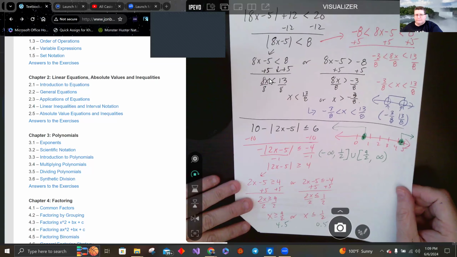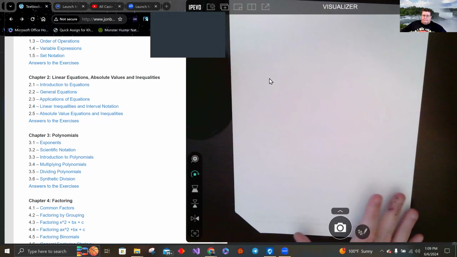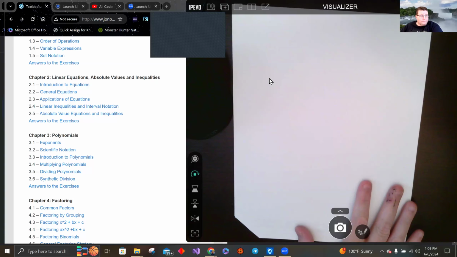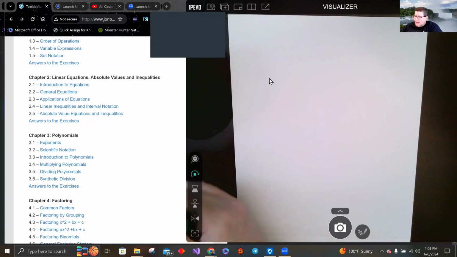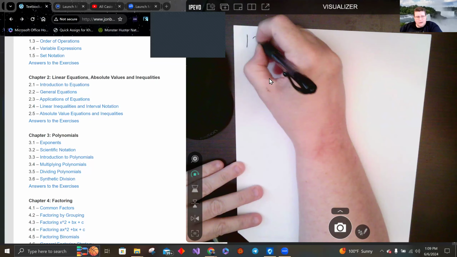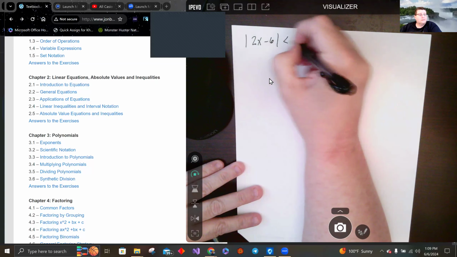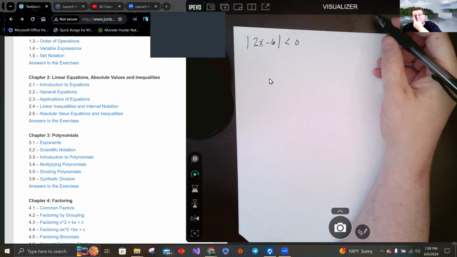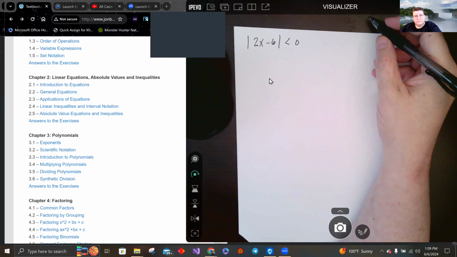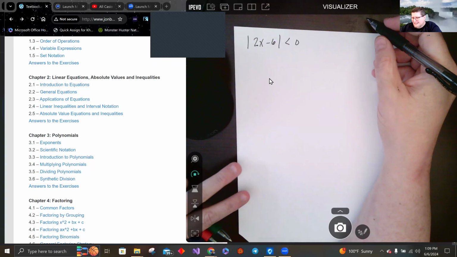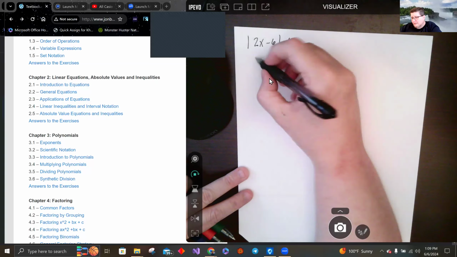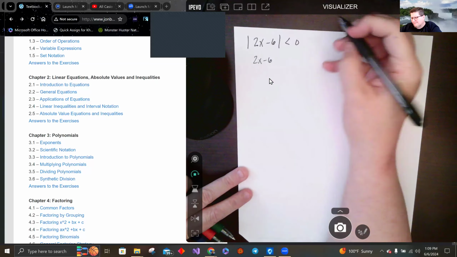All right, so what happens if we have the absolute value of 2x minus 6 is less than 0? This one is tricky.